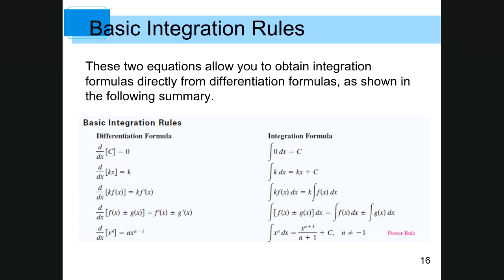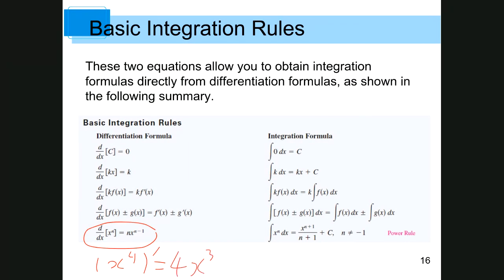This is what I want you to remember from Calc 1, before exam 2: the derivative of x^n is n x^(n-1). I think everybody agrees. So if I take the derivative of x^4, it will be 4x cubed. What is the meaning?